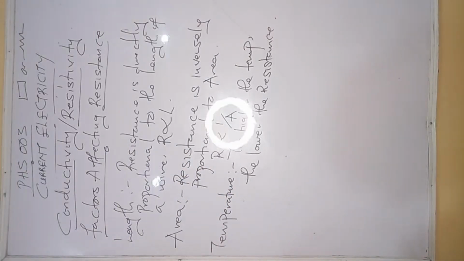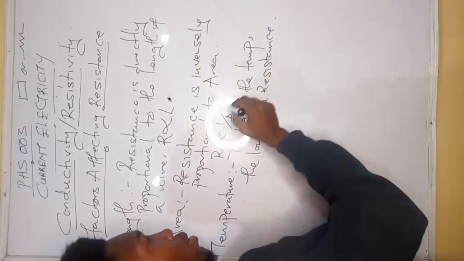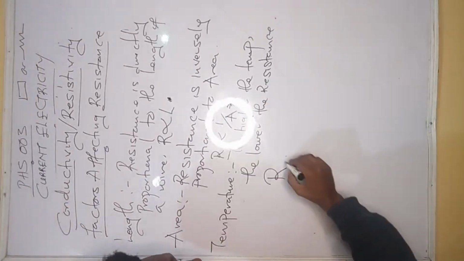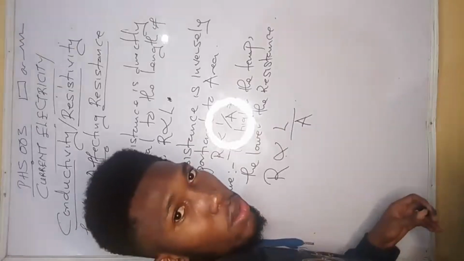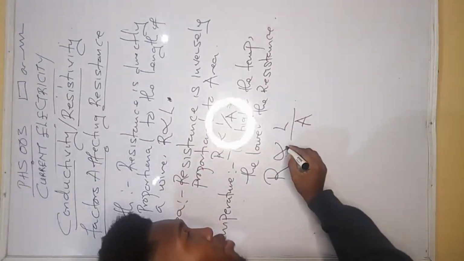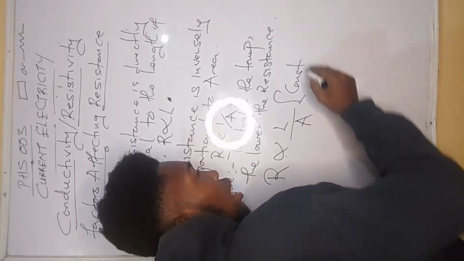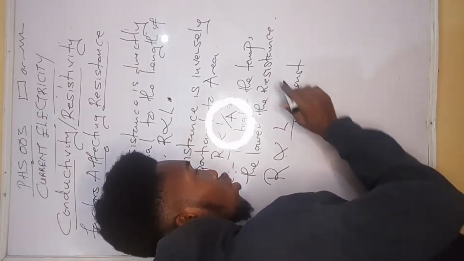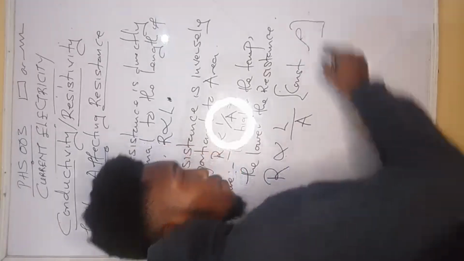Okay. Now, joining these two together, we can say that our resistance is directly proportional to length and inversely proportional to area. True or false? True. Then we can bring in our constant, called resistivity, written like this.